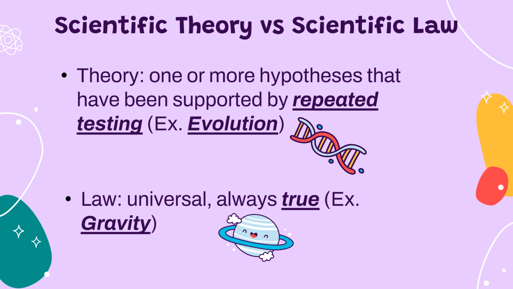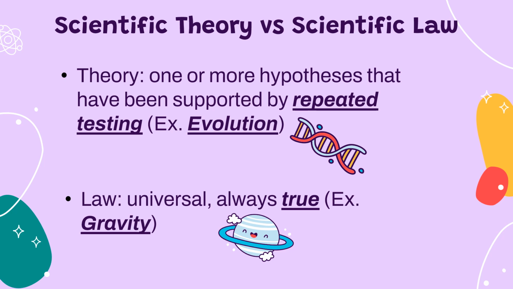Now, the other part is a law. Laws are pretty rare in science, especially in a science that's not, say, physics or something, especially in our earth science, our biology.